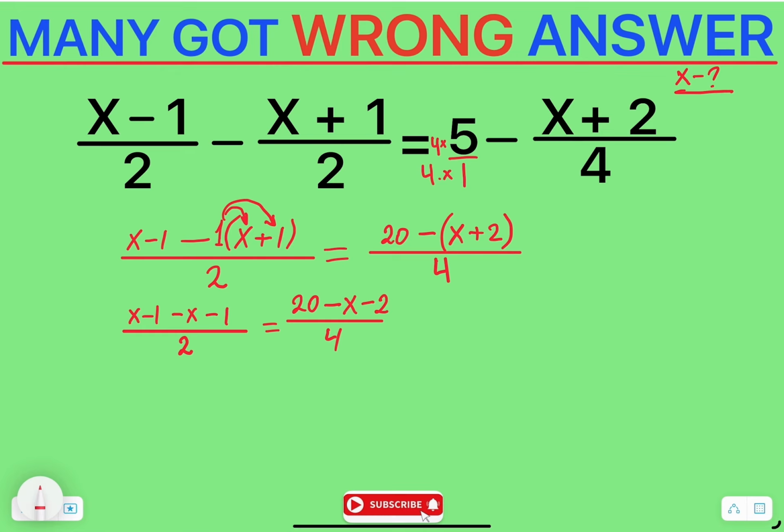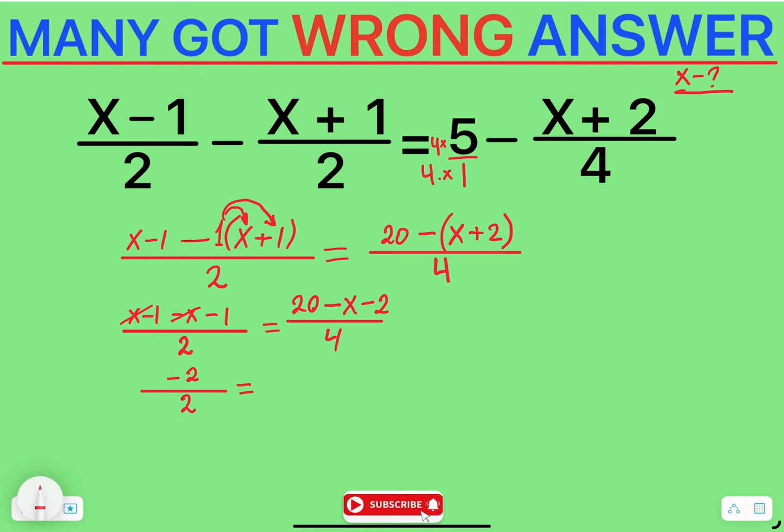So now let's combine like terms. Again, numerator, we have x and negative x. They will cross out. Minus 1 will be minus 2 for numerator. For denominator, we have positive 2.